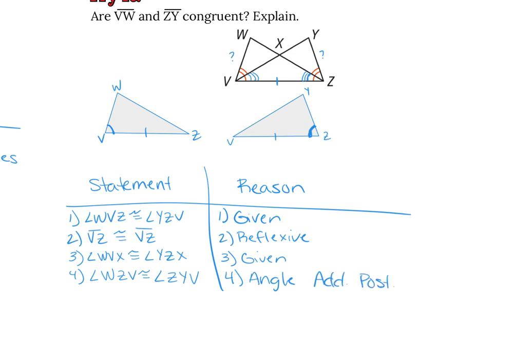Okay, and I can use the angle addition postulate because angle WVZ equals WVX plus angle YVZ. Okay, so if I add these two angles, this angle and this angle together, it gives me the entire angle. So that's all I did right there, is I used the angle addition postulate and I backed out the information that I knew.